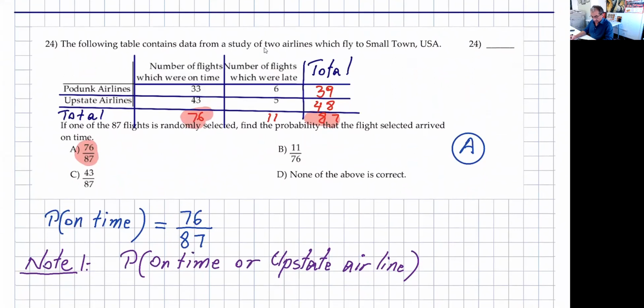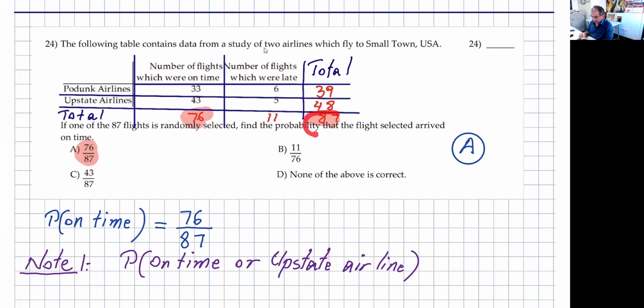Number 24 is a table. When you get a table like this, sometimes the totals are given, sometimes they're not. If they're not, find the totals. 39 is 33 plus 6. 48 is 43 plus 5. 76 is 33 plus 43, and 11 is 5 plus 6.